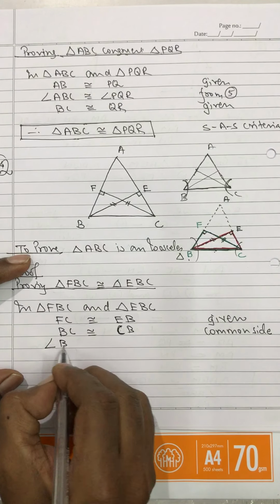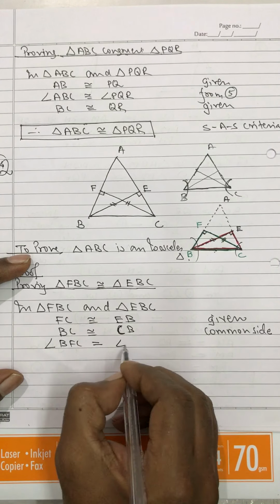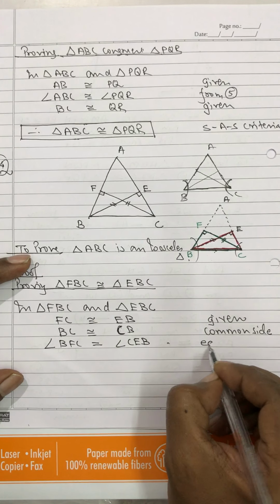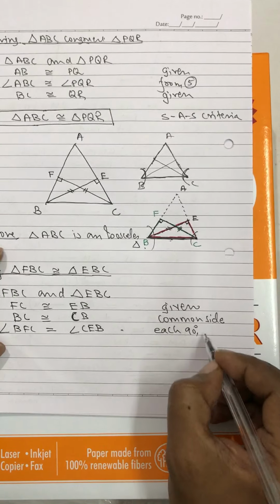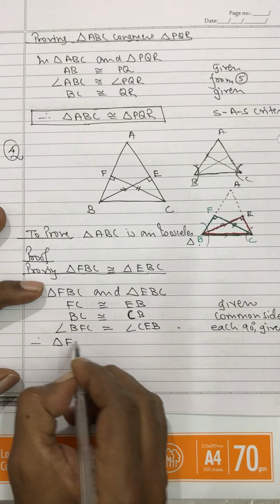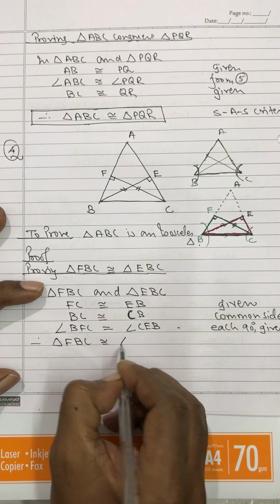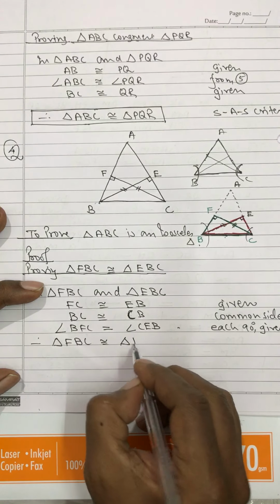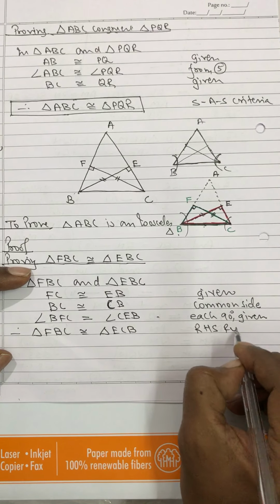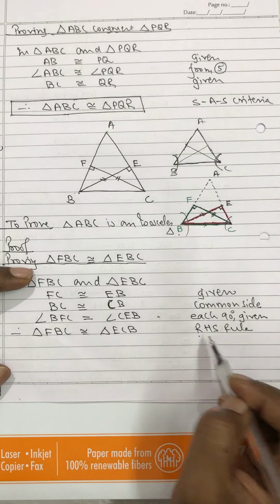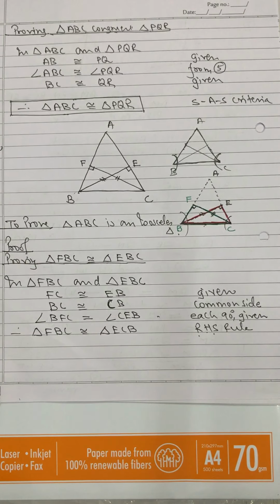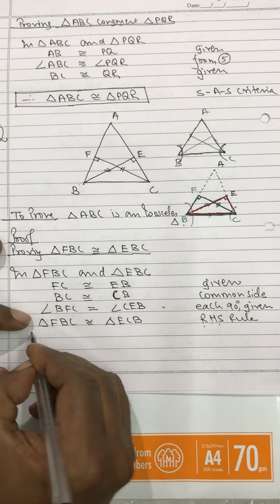Angle BFC is equal to angle CEB, each 90 degrees, given. Therefore, triangle FBC is congruent to triangle ECB by RHS rule, right angle hypotenuse side test. Okay. Therefore, this is done.